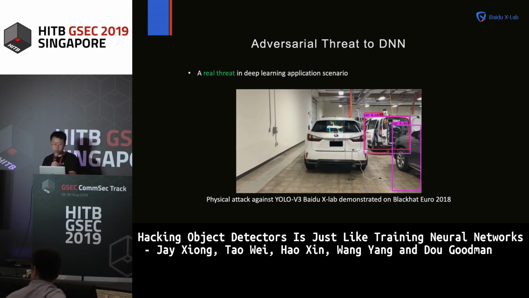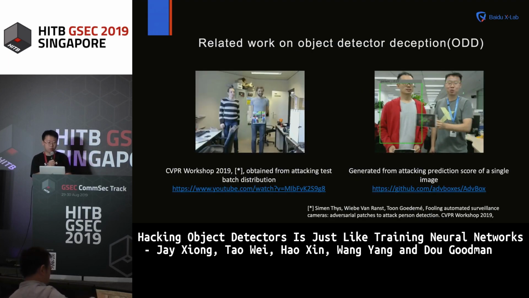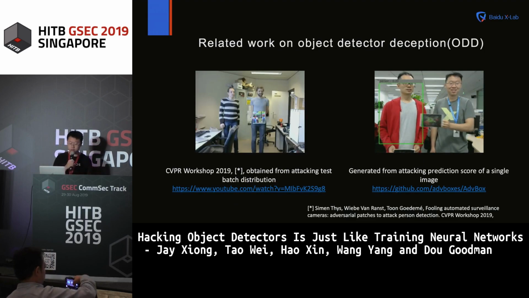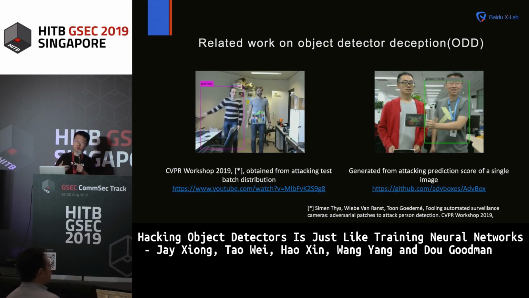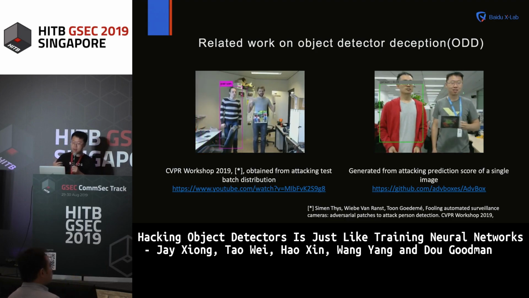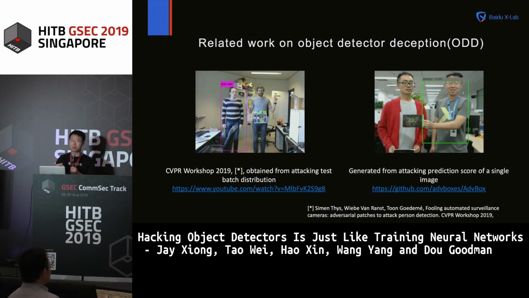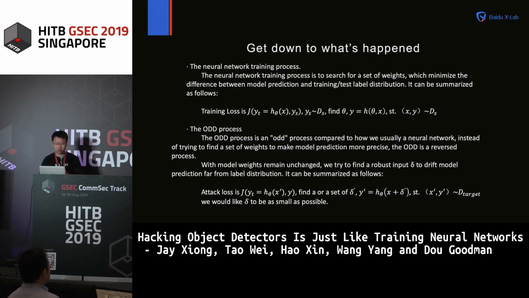So it's actually a real threat in deep learning systems. And more related work: researchers have done just what we are going to show today, where the sticker hides people, making them disappear under detection.